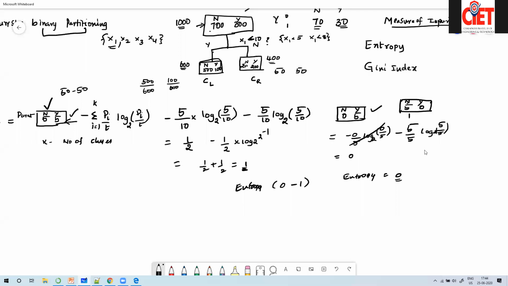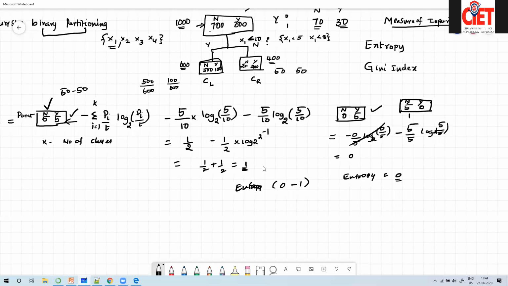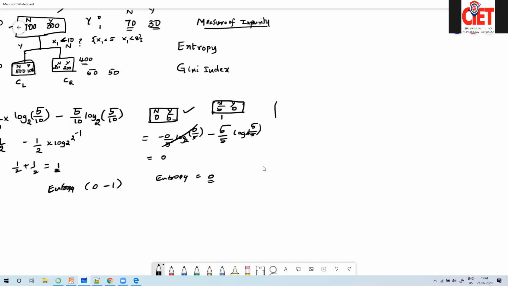Next, another one is called the Gini index. Now, let's see how to compute the Gini index. Both classes have 5 and 5. The formula is 1 minus sigma P_i by T whole square.